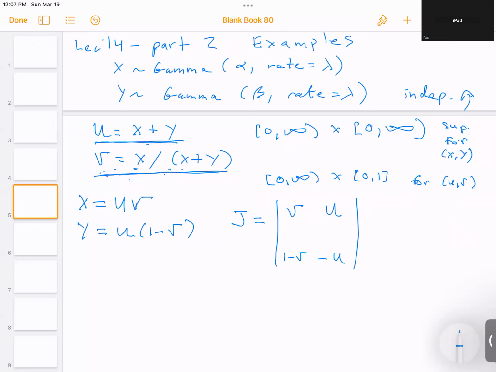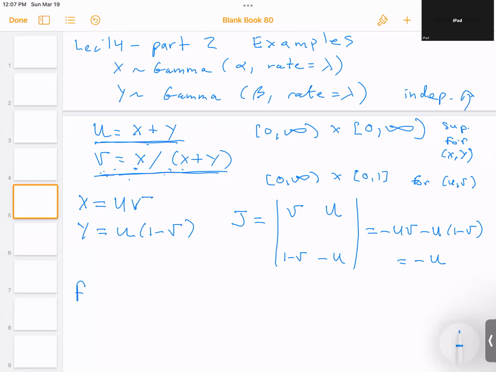So minus uv minus u times 1 minus v. I think this is going to cancel, so we get J equals minus u. Okay, so we're ready to write the PDF down for uv.